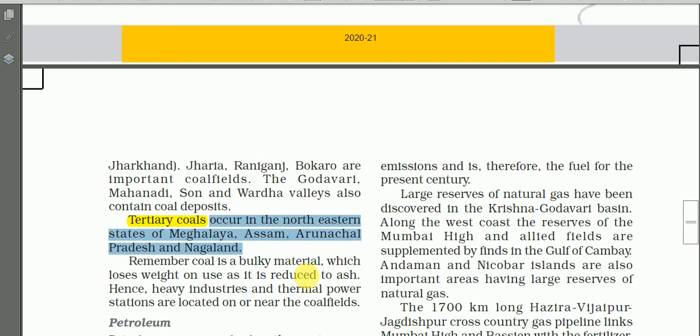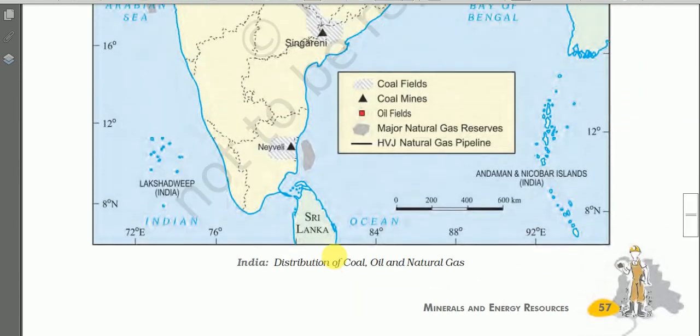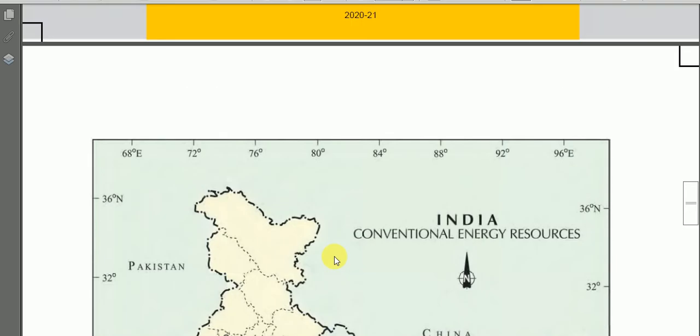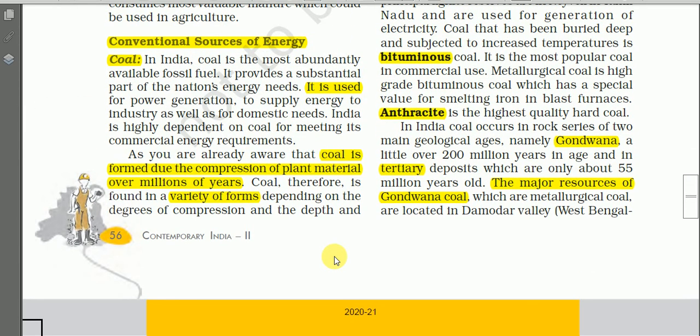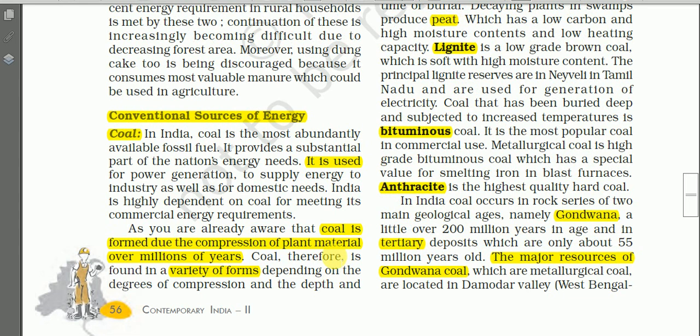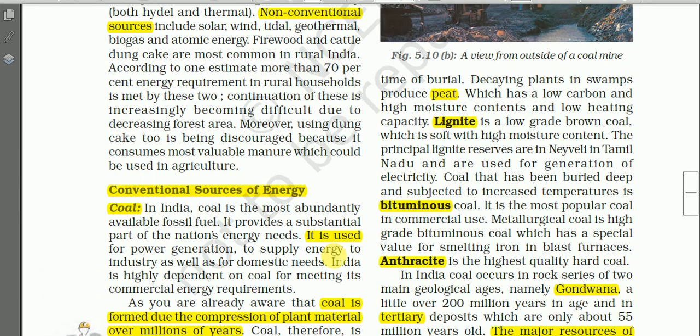Tertiary coals are younger than the Gondwana coals, and hence the quality is low as compared to the Gondwana coal, because the quality of coal depends on the degree of compression, the depth of the location of the material, and the age or the time of the burial.